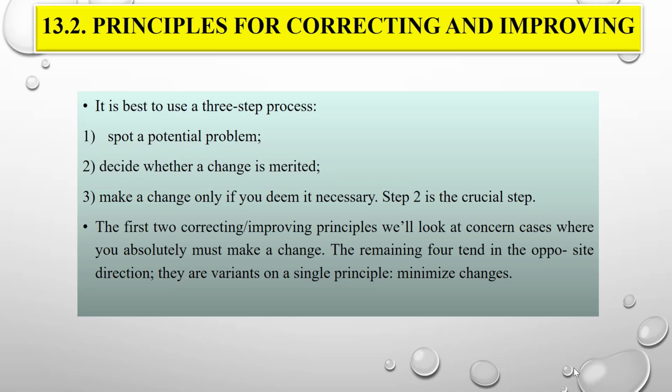Now, let's move to section 13.2, Principles for Correcting and Improving. Having looked at procedures for finding errors, let's now look at some principles for making changes as you check. It is important to keep checking and correcting or improving distinct in your mind. Revising is checking a translation for problems and then possibly making changes.